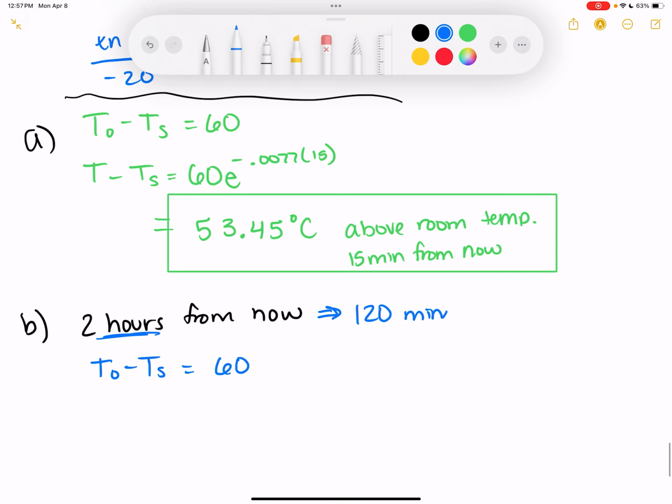The only difference from the one I just did for part A is that instead of 15 minutes, it's now 120 minutes. So T minus TS is equal to 60 times e to the negative 0.0077 times 120.